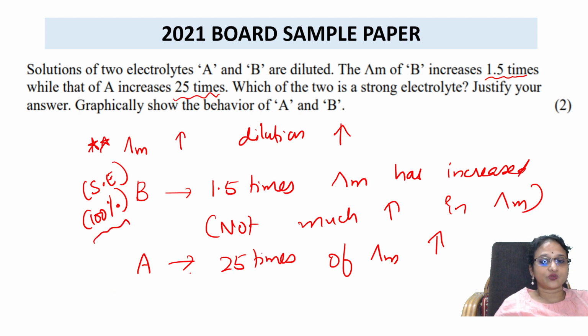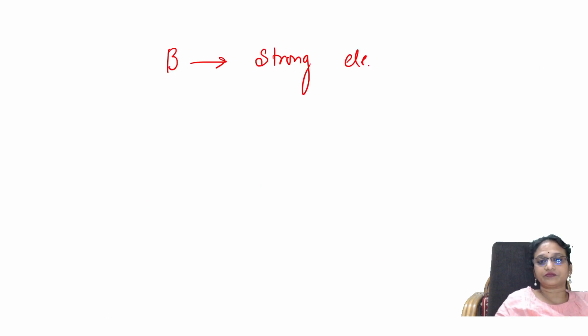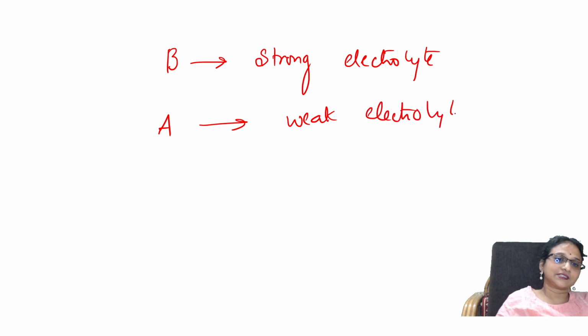Correct, students? So this is a weak electrolyte because it has increased so much, because weak electrolyte dissociation is only 5%. So this dissociation shows it is weak. So B is a strong electrolyte and A is a weak electrolyte. Got it, students?